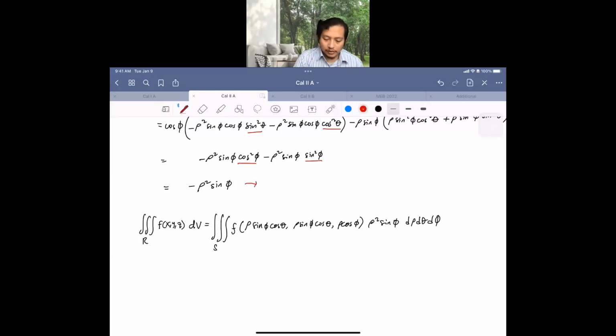It's supposed to have the absolute value, since phi is from 0 to pi, and the sine of phi is positive.